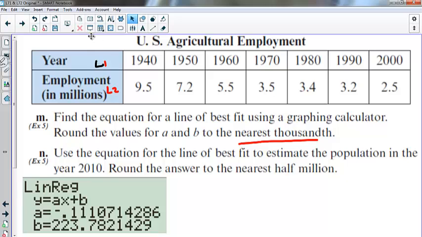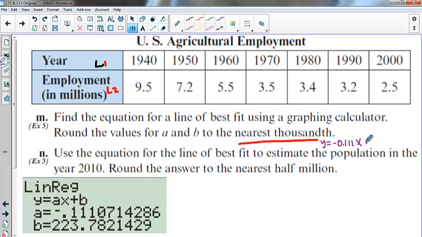So based on what my calculator says, what is my equation for the line of best fit to the nearest thousandth? Y equals what? Then what?